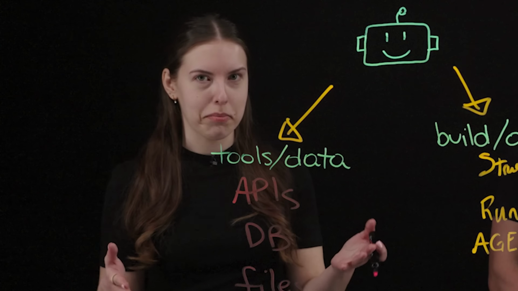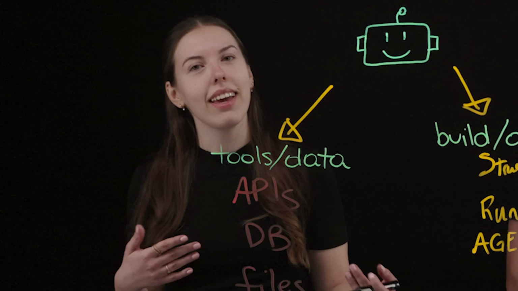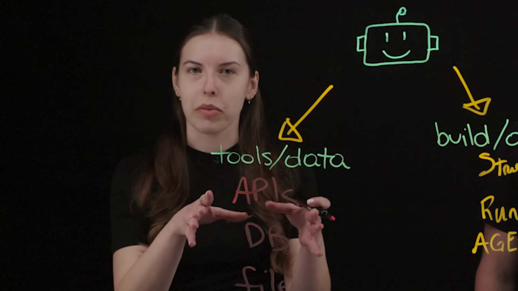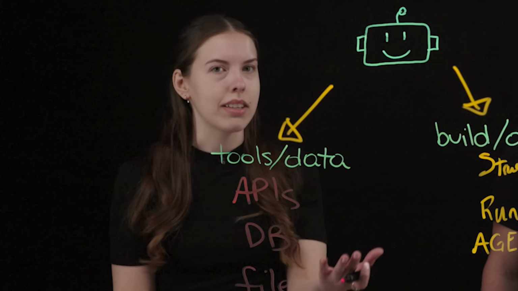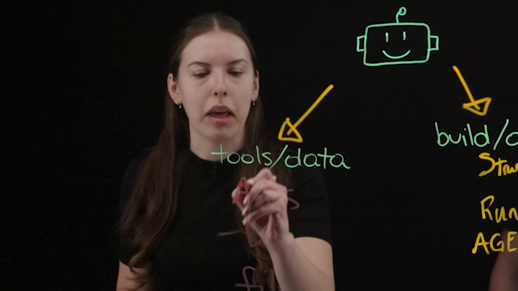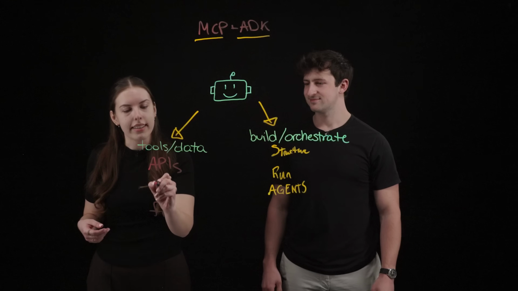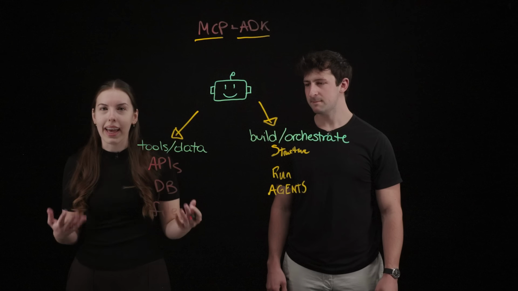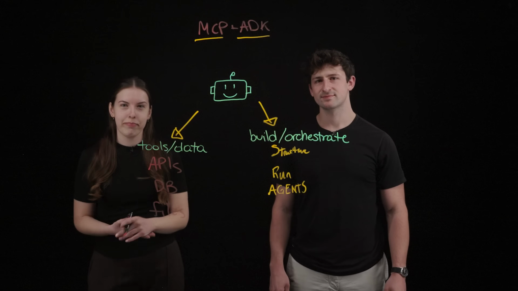So the Model Context Protocol, or MCP for short, is an open standard created by Anthropic that answers the first question. It's all about connectivity. How do you give an LLM access to things like APIs and databases and files in a way that's clean and reusable? Right.